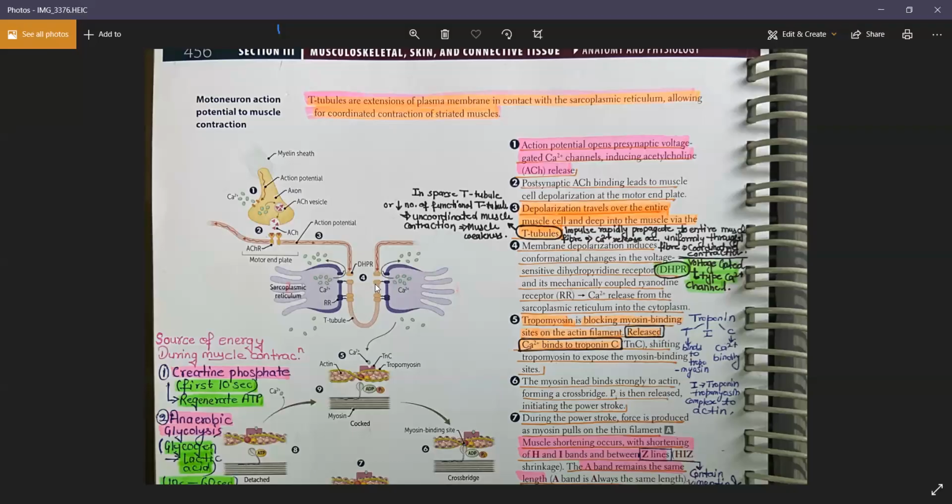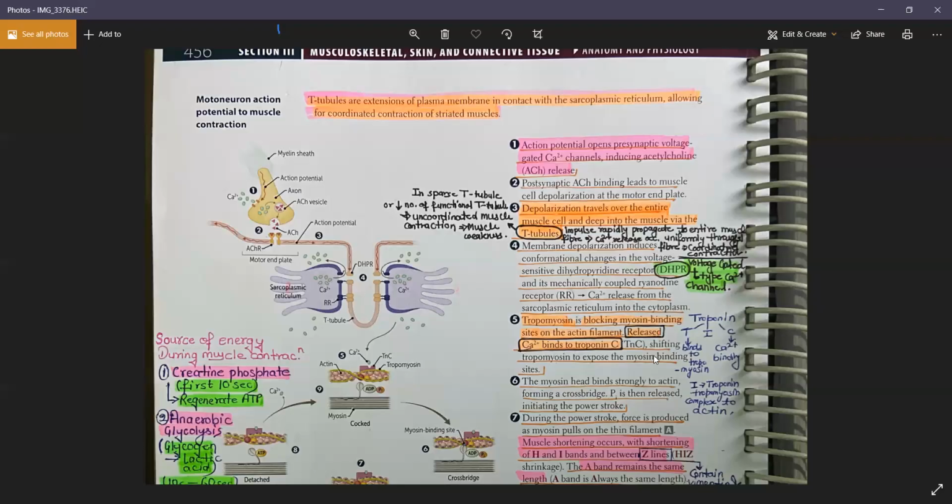The DHPR receptors are found in the cell membrane, and the ryanodine receptors are found in the sarcoplasmic reticulum. When the plasma membrane is stimulated, the DHPRs are stimulated, they stimulate the ryanodine receptors, and as a result, all of the calcium will exit into the cytoplasm. Is that okay up to here?